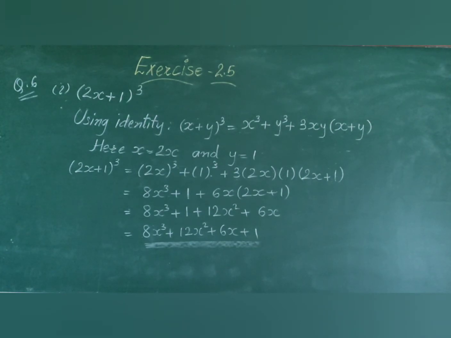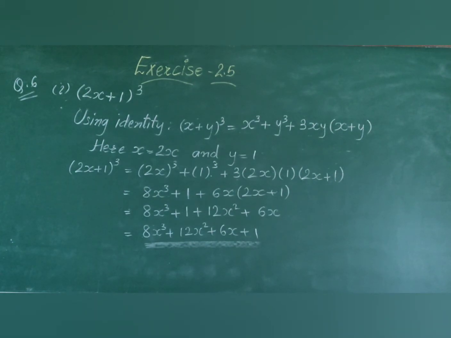Solving further, we get (2x) whole cube is 8x cube because cube of 2 is 8 and cube of x is x cube. So we get 8x cube + 1, cube of 1 is 1 only.